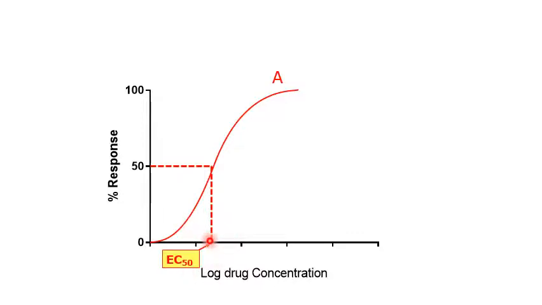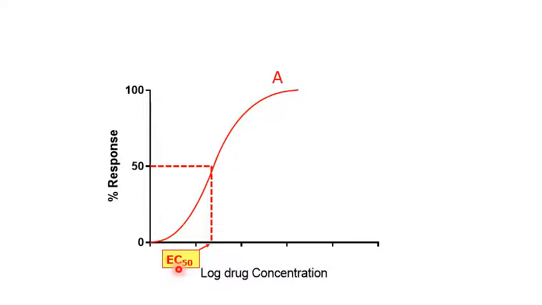where the concentration of a drug that is required to produce 50% response is called the effective concentration 50, or EC50, which is a characteristic for each drug to explain how effective or how potent this drug is. Drugs with low EC50 are more potent than drugs with high EC50.